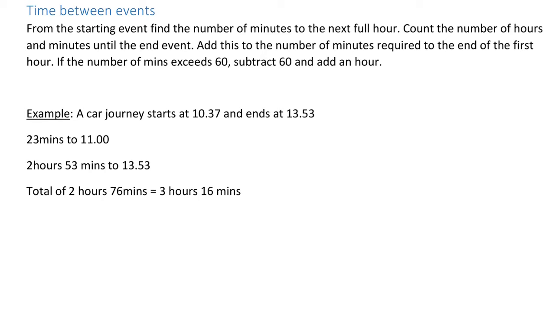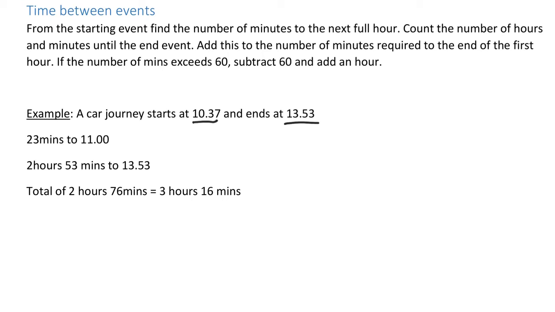So in this car journey, if it starts at 10:37 and ends at 1:53, we've 23 minutes, which will take us up to 11 o'clock. Then from 11 to 1:30, so we've 11 to 12, 12 to 1, that's 2 hours, and then another 53.